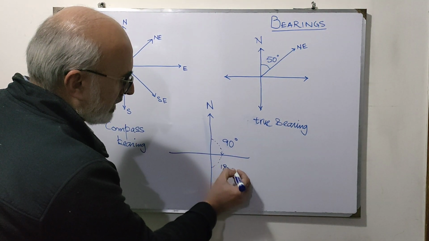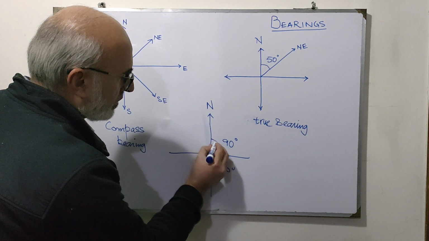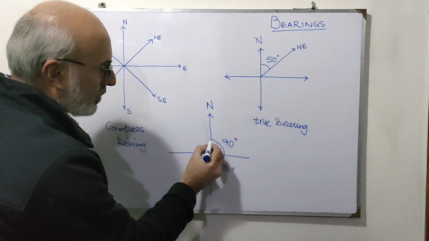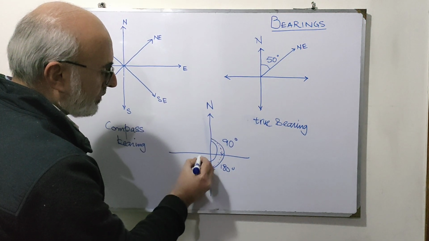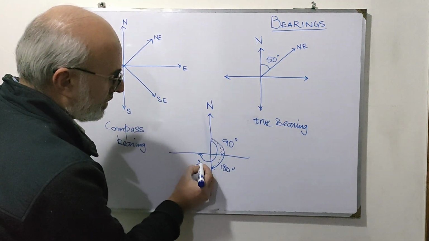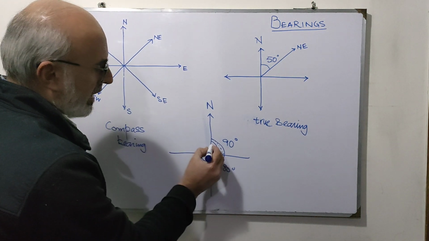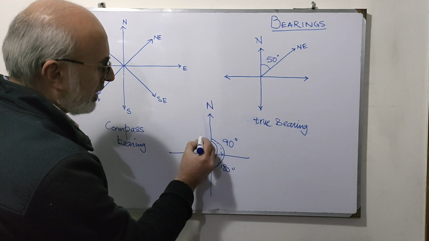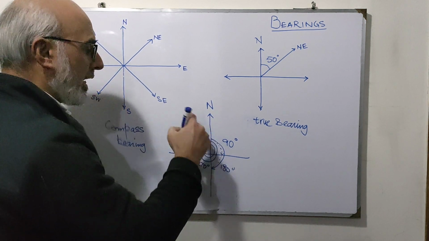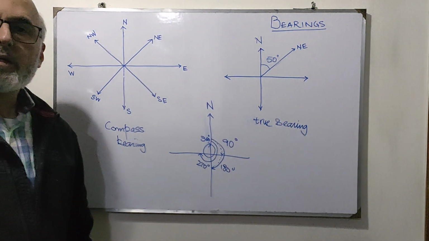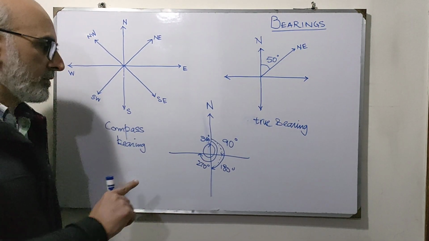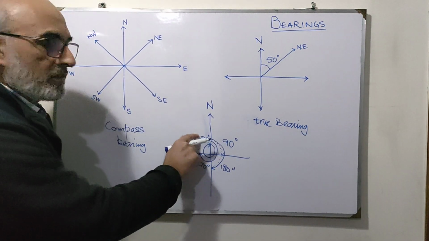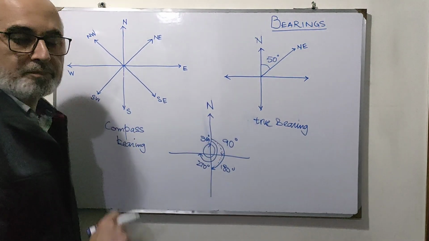This is now 180 degrees from the north. And from the north up till here, it's going to be 270. And if we complete the entire circle, it is 360. We are measuring the angles from the north, reflex angles, but from the north.